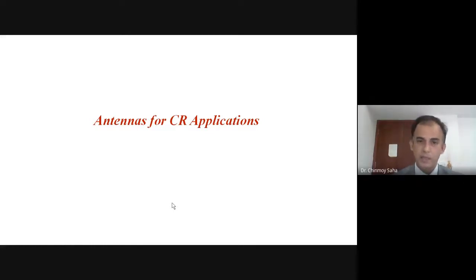So I initially developed the concepts of cognitive radio, the definition of cognitive radio, and the antenna requirement, and I'll be talking about a few designs which have been proposed by other research groups, mainly the design by Professor Christodoulou, because he has designed some of the structures, some of the mechanical actuation and the electronic actuation for designing multifunctional antennas using multiple radiating elements. And then I'll be coming to the work that we have contributed in that direction.